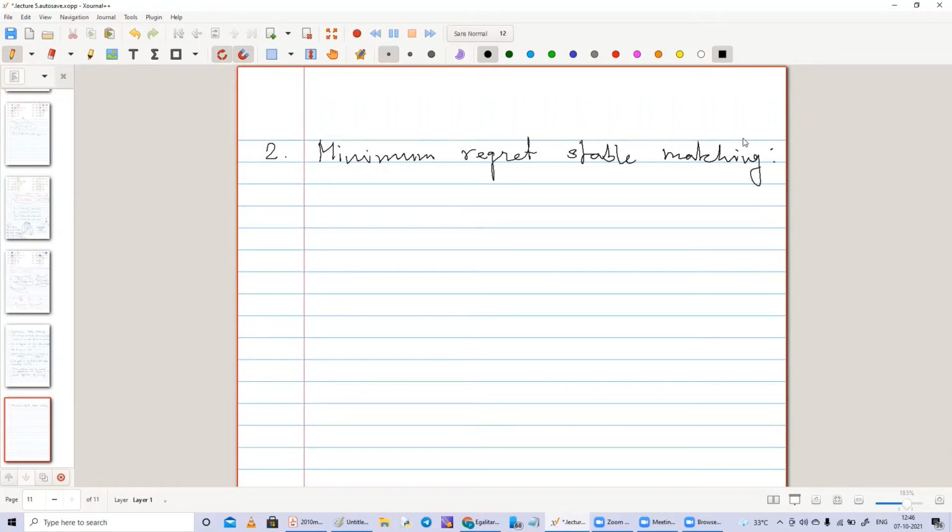Okay, so what is this? Here we say that suppose M is a matching given.